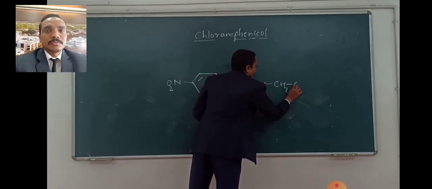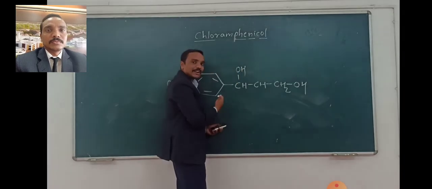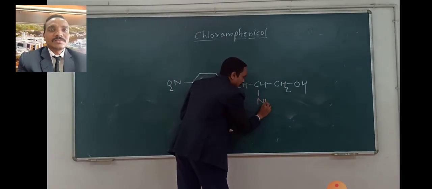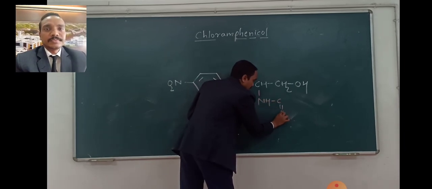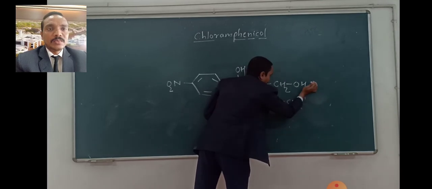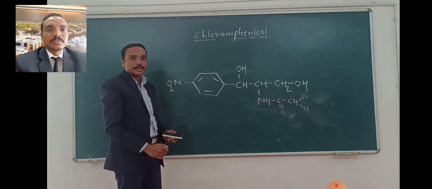So the 1,3-propanediol is the second part, and the third part here is the dichloroacetamide side chain. So this is the structure for chloramphenicol.